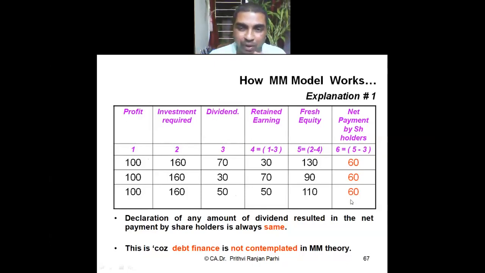If investment is required, in all the three situations I'm collecting the same amount, 60, 60, 60. Meaning, declaration of any amount of dividend results in the net payment by the shareholders being always the same, irrespective of the dividend policy adopted by the company.